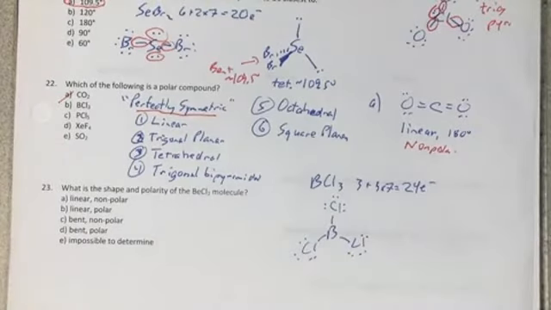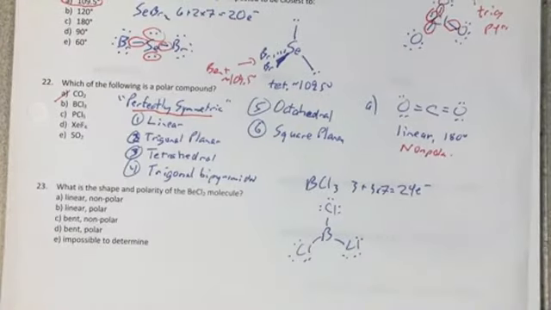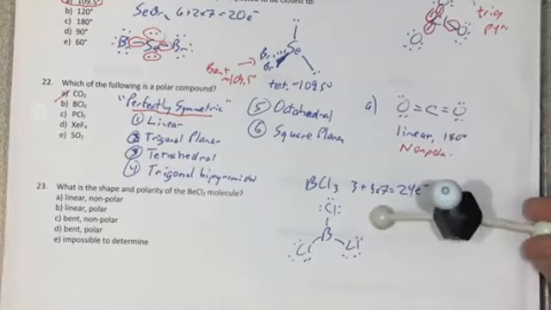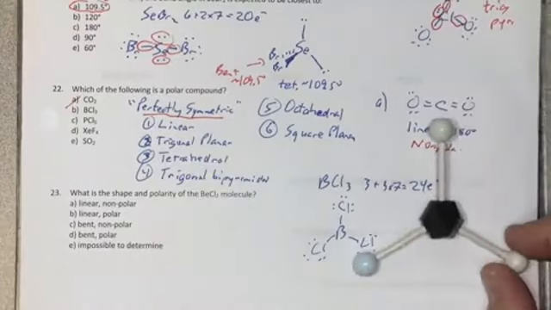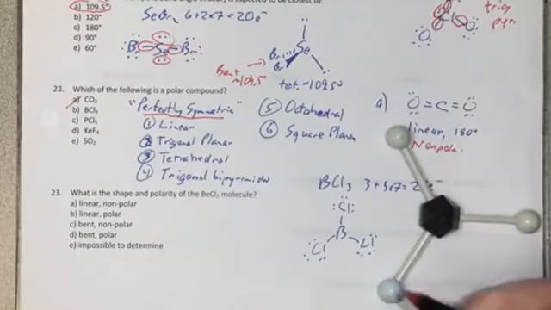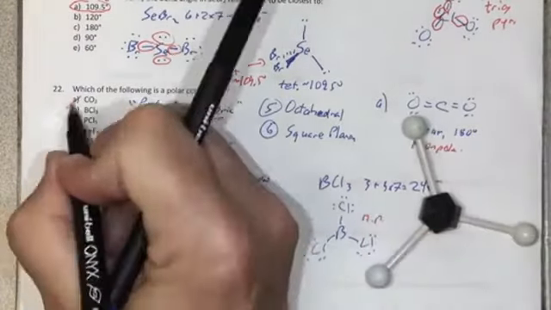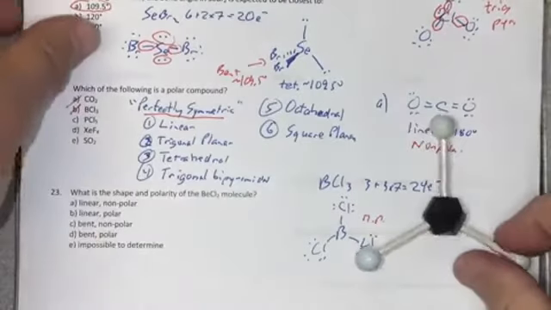That's all 24 electrons. Now remember, boron routinely has fewer than an octet. So we're finished here. This is the Lewis structure. It's trigonal planar. Trigonal planar is one of the perfectly symmetric shapes. This is a perfectly symmetric molecule, so this is nonpolar. We're looking for a polar one.